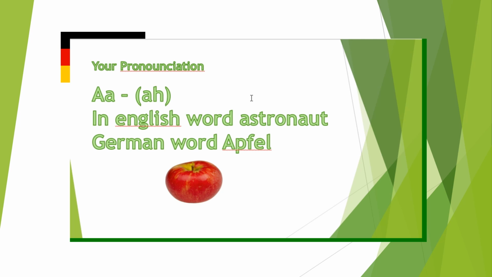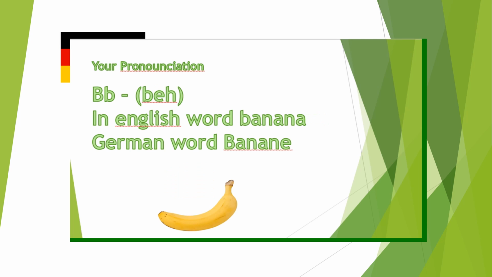So let's start with A. A in English is pronounced as ah in German, like the English word astronaut. The first German word you learn is Apfel, which is apple. B is pronounced as B, like the English word banana.